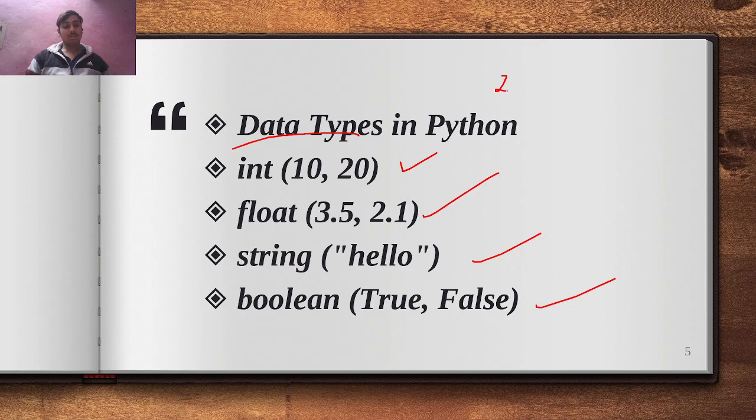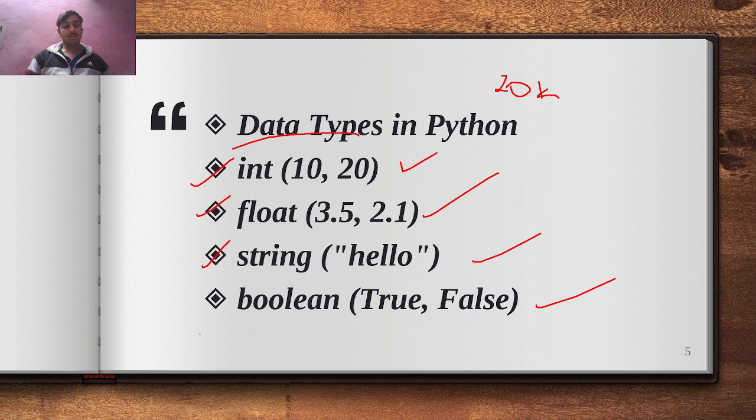The numbers like 2K followers, 20K followers, they all are called int only. Float means any decimal value. If it is 20.3 million, 20.34K, it's float.